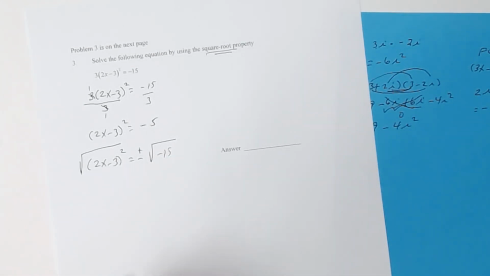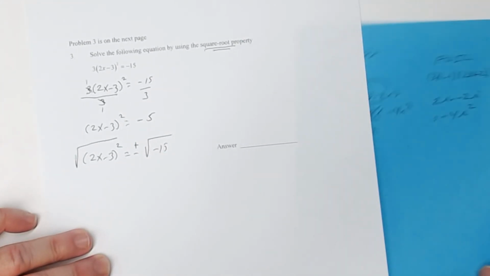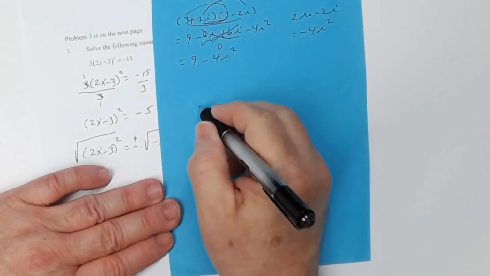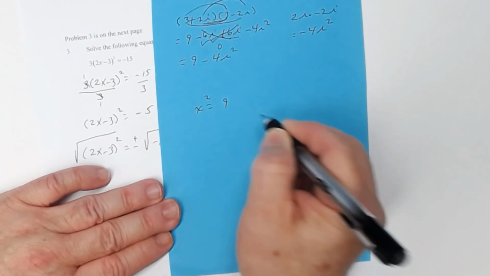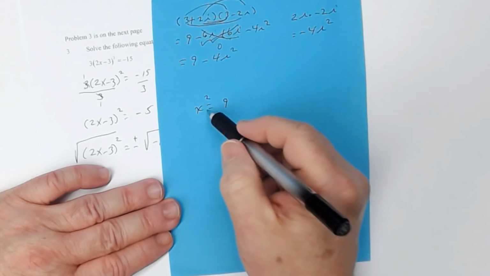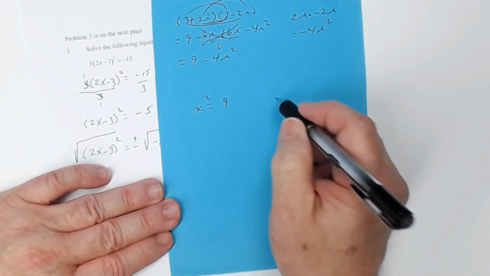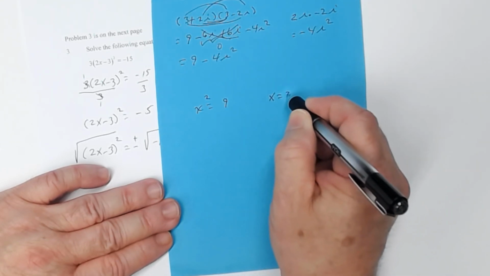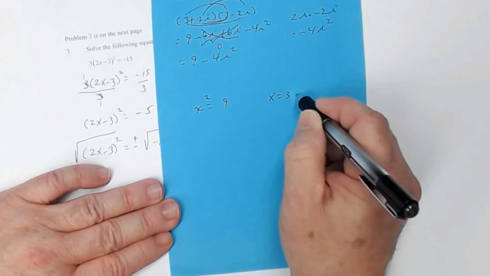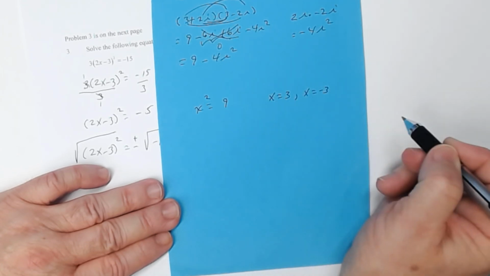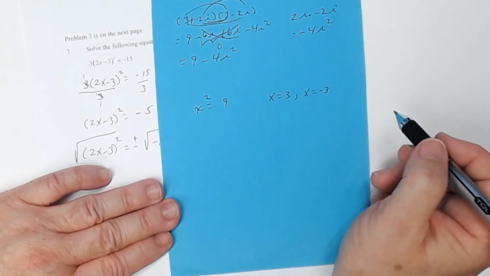Okay? Which kind of makes sense, right? If you think about a very simple example such as x squared equal 9. So if x squared equals 9, what number times itself is 9? Well, when x is 3, because 3 times 3 is 9, and also when x is negative 3, because the negative 3 times the negative 3 is also 9.